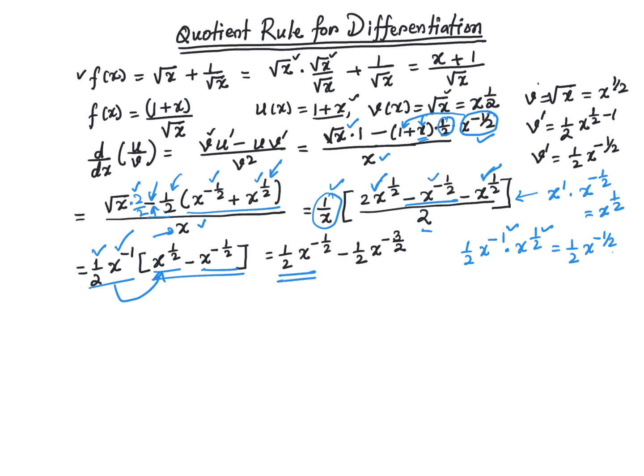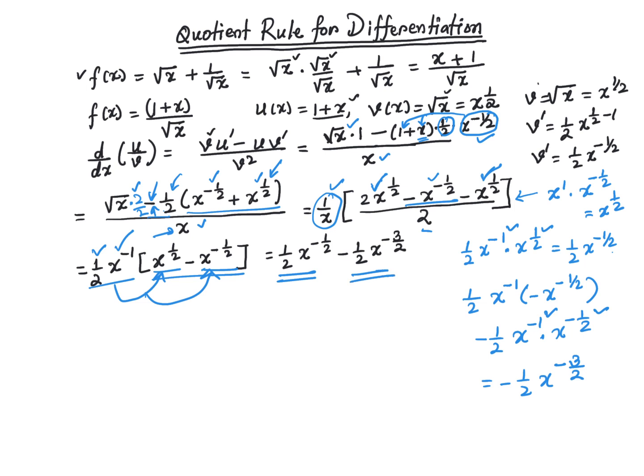This is exactly what I get from that one. Then this times this is 1/2 x to the power negative 1 times negative x to the power negative 1/2, which is going to give me negative 1/2 x to the power negative 1 minus 1/2, which is negative 3/2. And that's exactly what I've got here.